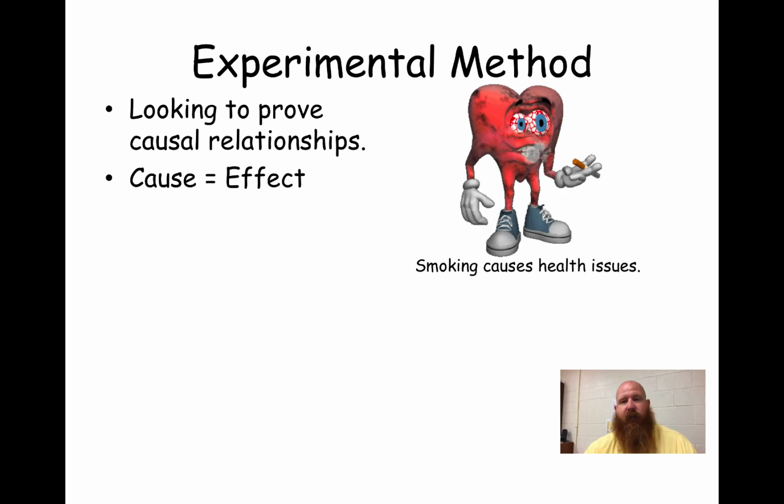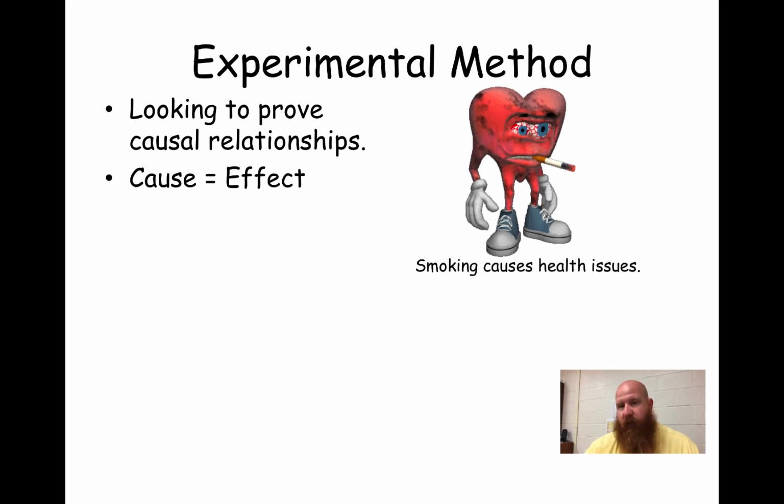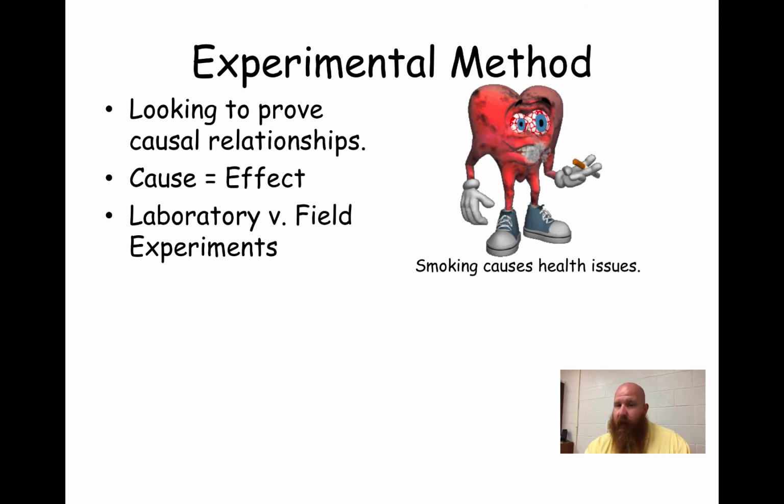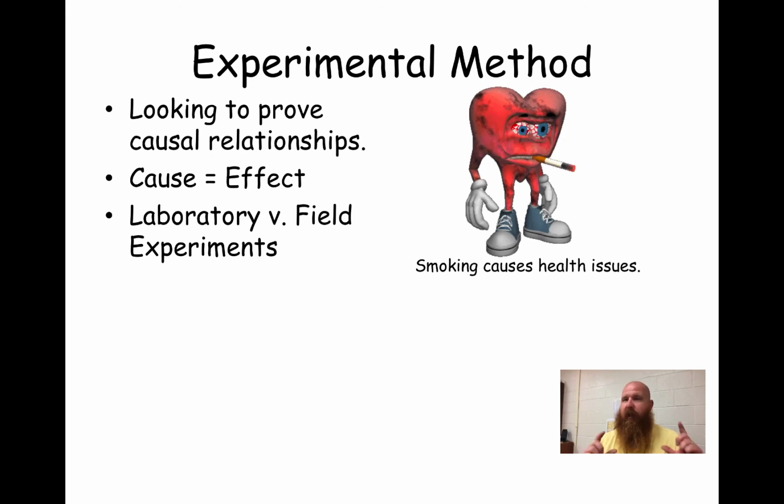But you're still looking for that causal relationship. A causes B. There's a couple ways to do it. You can do it in a lab or you can do it in the field. In the lab is usually a bit more controlled, whereas in the field there's a lot more things that can affect the outcome.